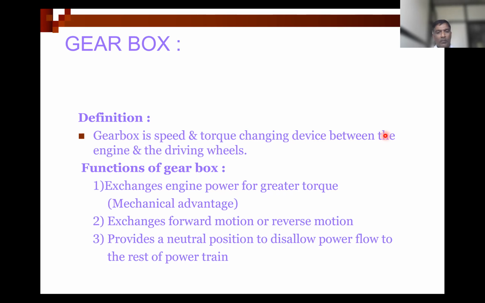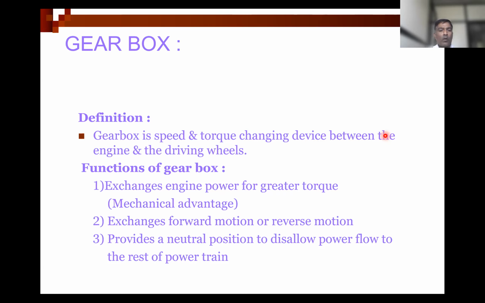Power is available in the form of rotation at the crankshaft, and those rotations we need to transmit to the wheels so that the vehicle can move on the road. So to get the desired torque and desired speed, we require the gearbox.